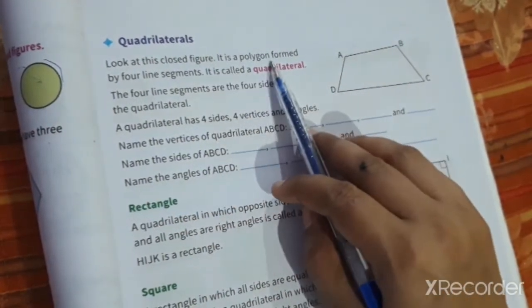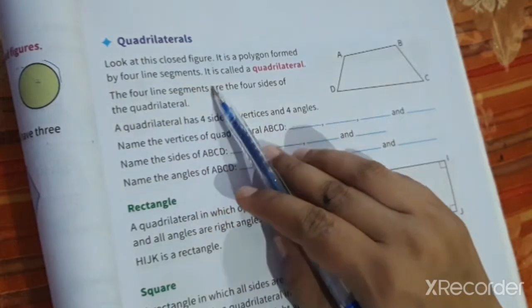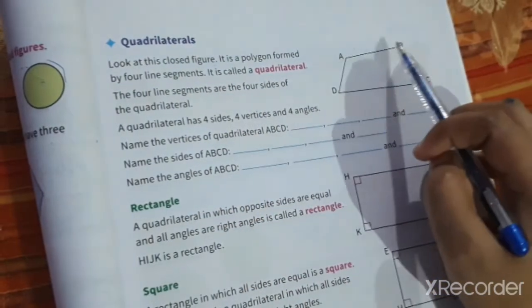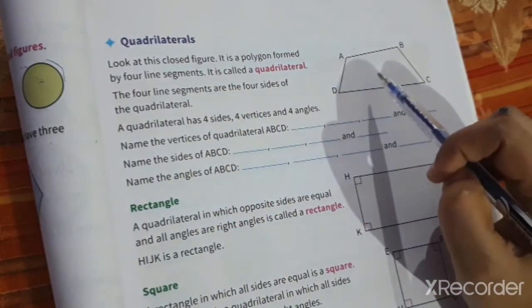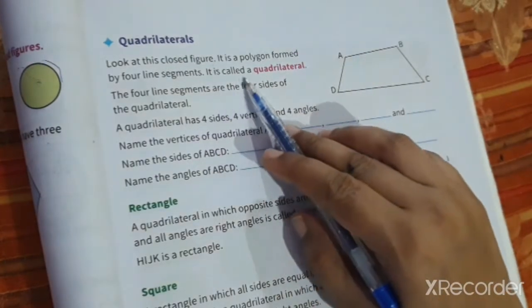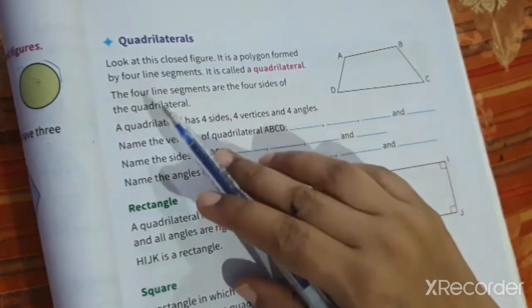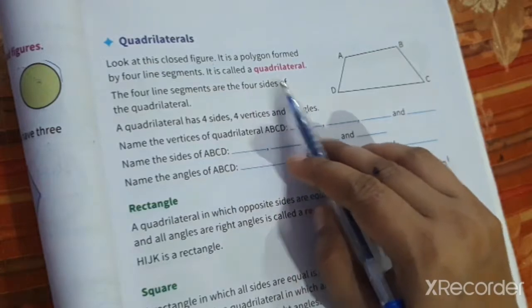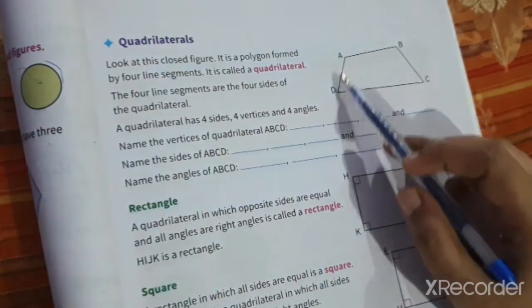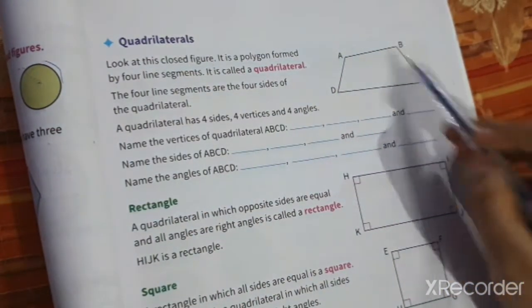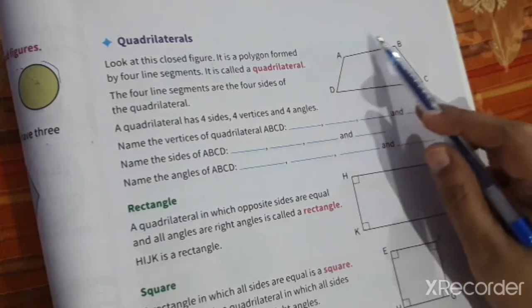It is a polygon formed by 4 line segments, so any such closed figure is a quadrilateral. The 4 line segments AD, DC, BC, AB are the sides of the quadrilateral.